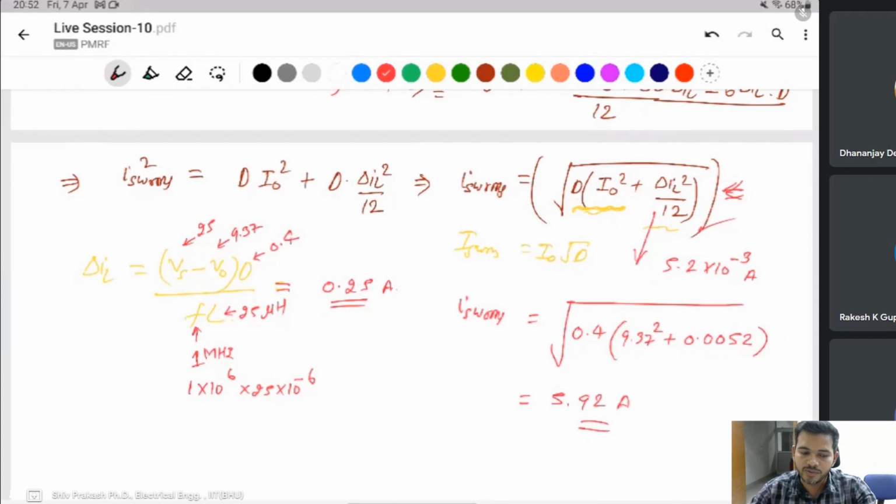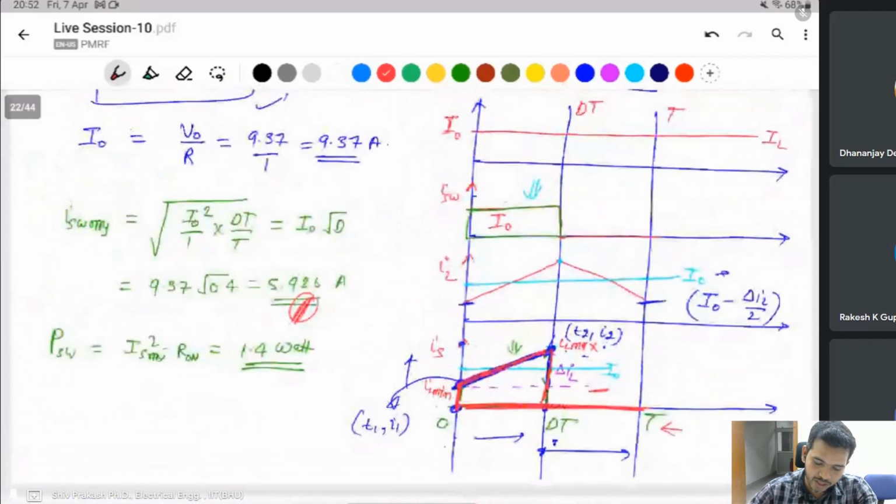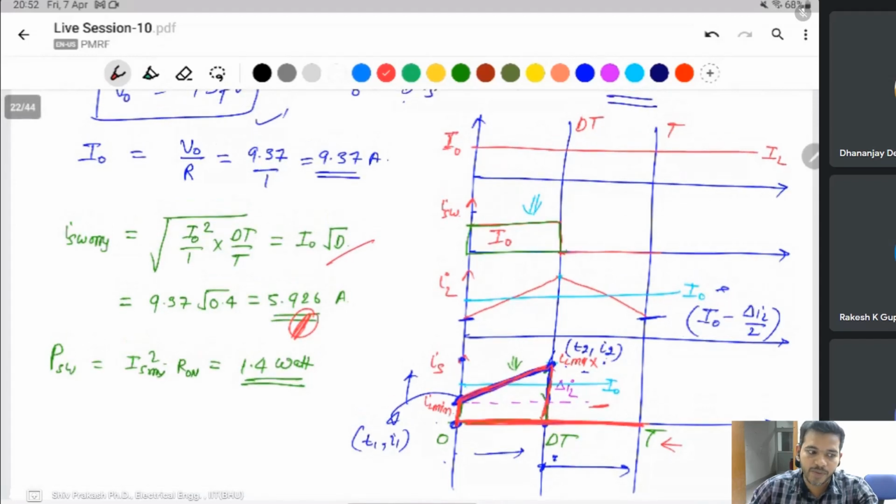You can calculate directly I naught times root of D, because the DC component is at the maximum and the ripple is very small. That's why you can take it as an approximation and calculate by the easy method. If you do the whole circuit calculation, you will find the same, I think.